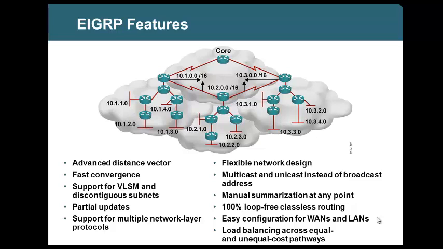What is an equal cost path? We have multiple paths with the same metric to reach some destination. Then it is an equal cost path. Same metric via multiple paths to reach a destination. That is an equal cost path.